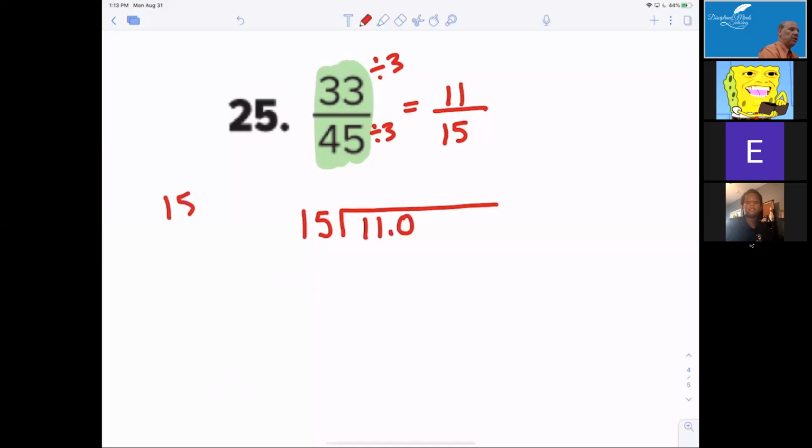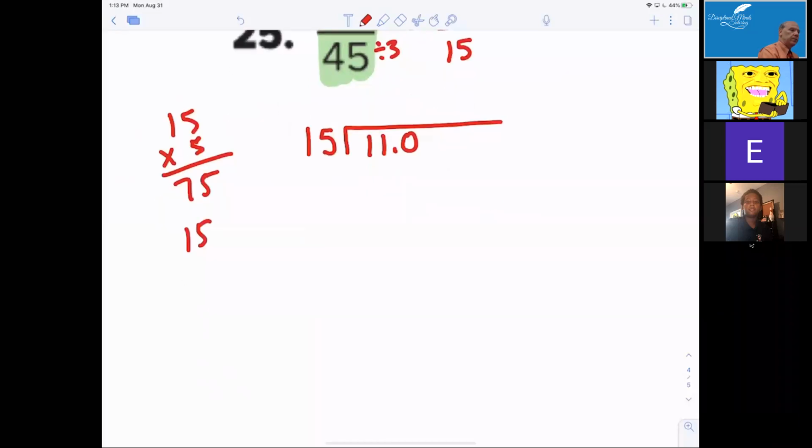So do you know 15 times what? Take a shot. Take a guess. Good. 15 times 5 is 75. So now we're going to try what? Say it. Come on. You can't be wrong. 7.